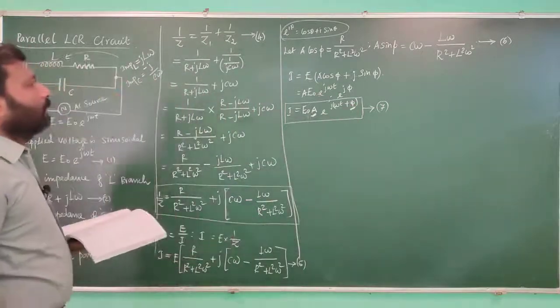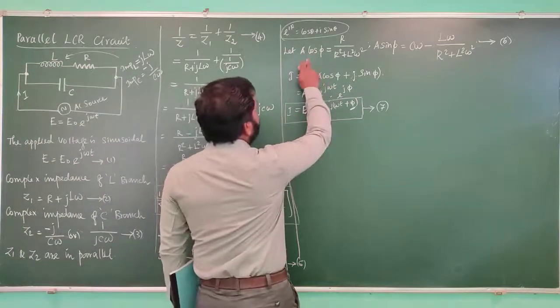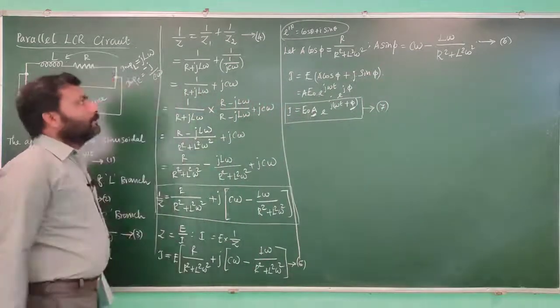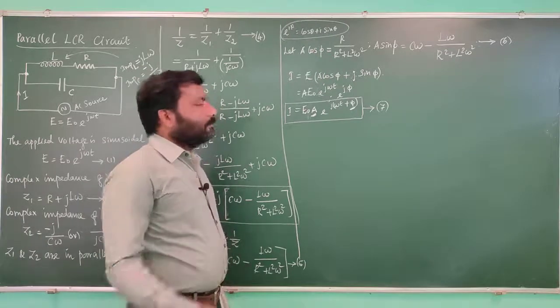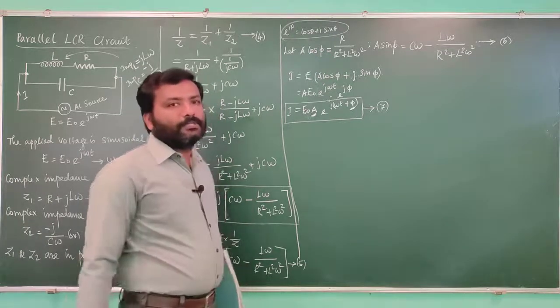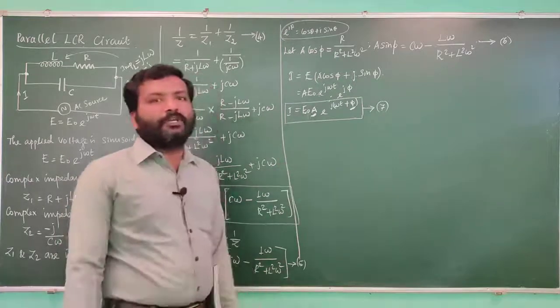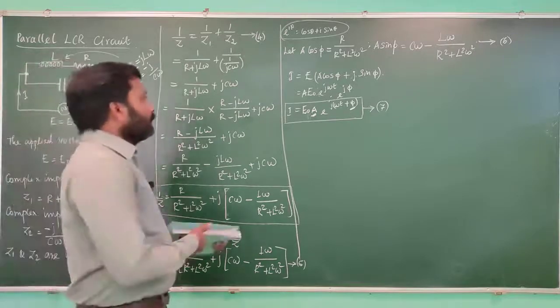And if you want the expression for A, what we have to do? You square this term and you square this term. If you add both these terms, A square cos square phi plus A square sin square phi, you can take A square common, and sin square phi plus cos square phi is equal to 1, so we will get an expression for A square. From that, if you take the square root, we will get the expression for A. Okay, that's what we are going to do now.